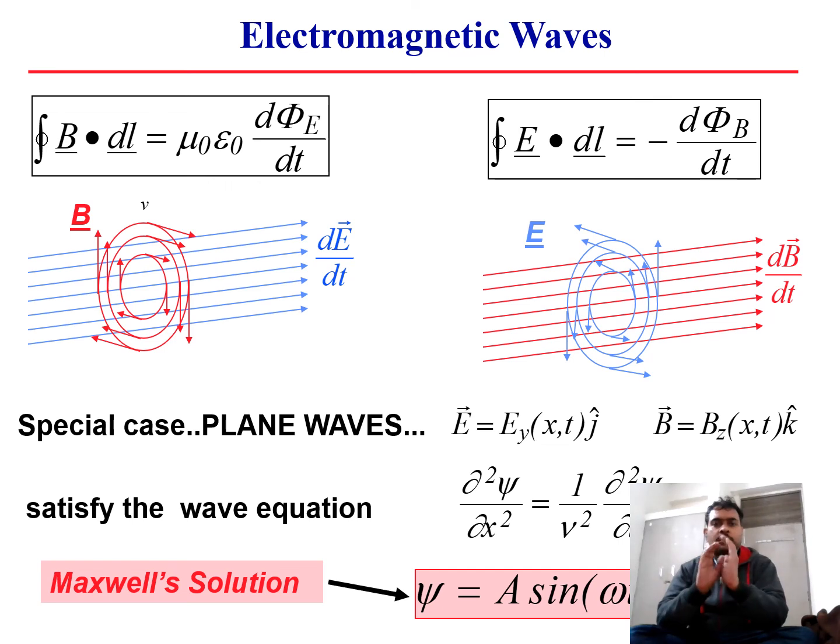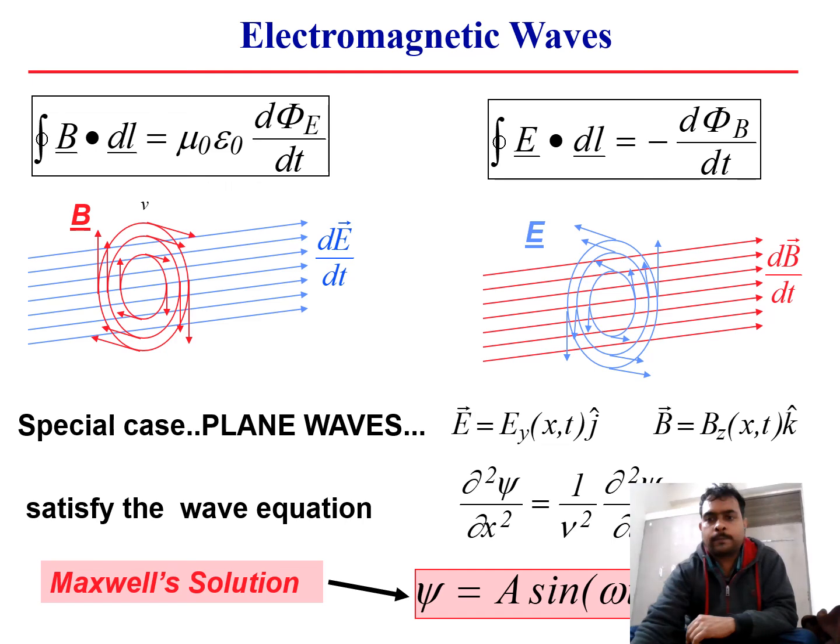These waves are generated as a result of variation in electric and magnetic fields, so we give them a name: because they are generated due to variations in electric and magnetic fields, they are called electromagnetic waves.